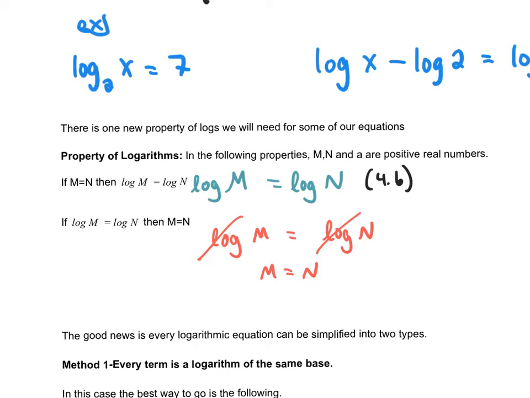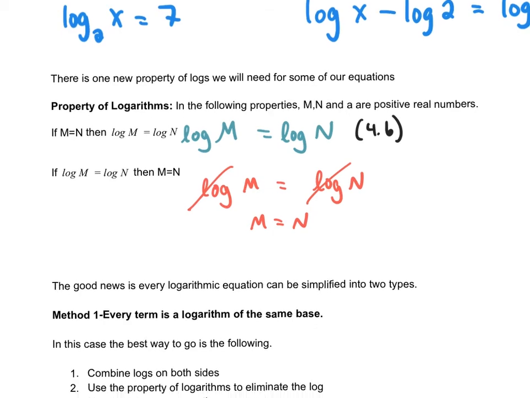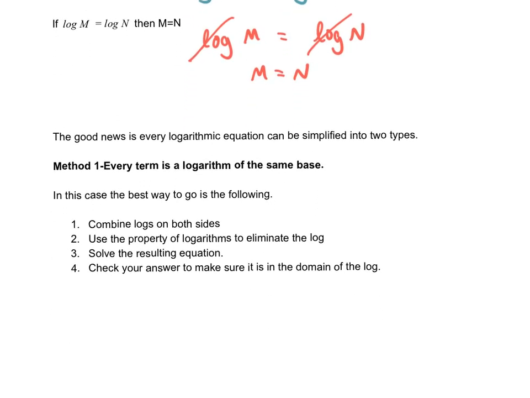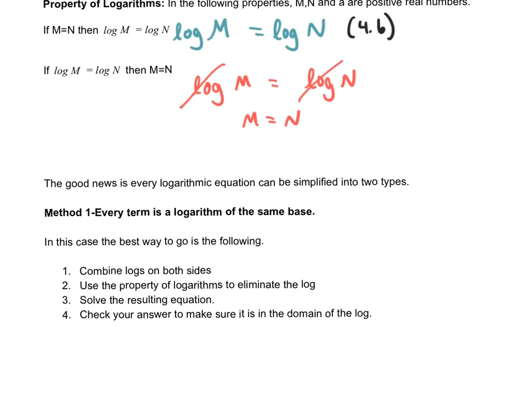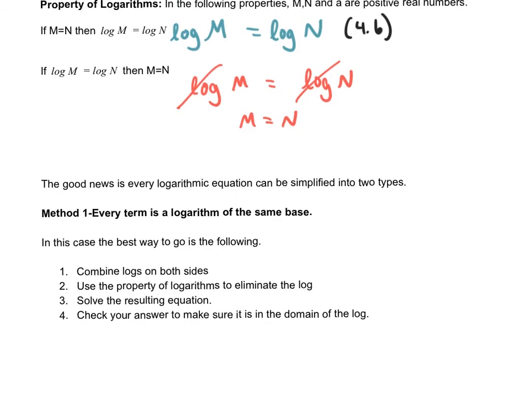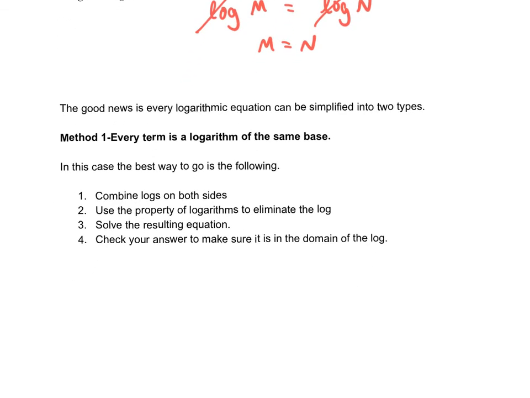The nice thing about the log equations we're going to look at is that they're basically only two types. The first type uses the idea up here, where I have a log on each side and I can cancel that log. We'll call this method 1, where every term is a log of the same base. You can have multiple logs, but as long as every term has a log of the same base, we can use this first method.